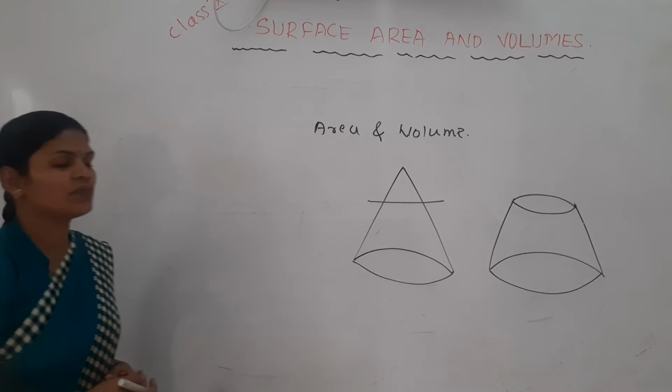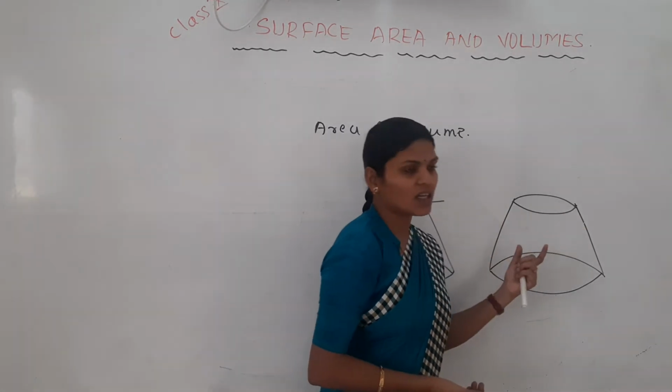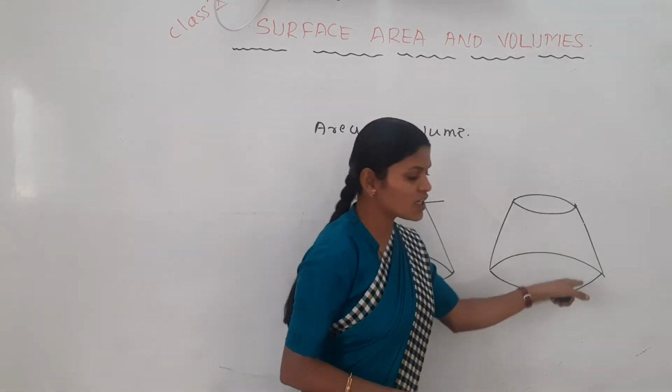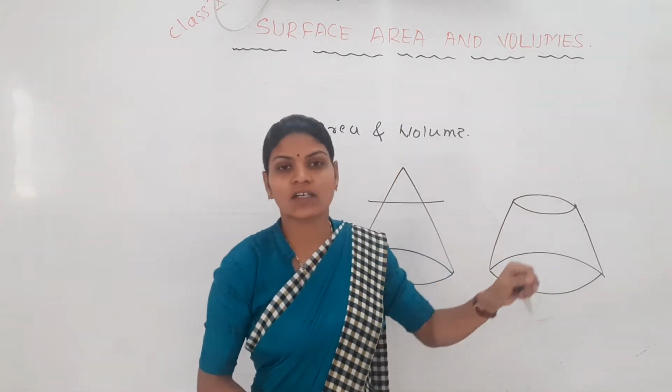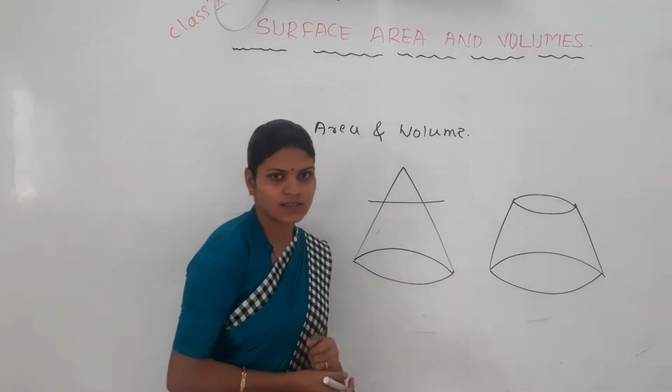You will get a shape like this. So how to find the curved surface area as well as the total surface area, and also how to find the volume of this frustum, we will discuss in this class.